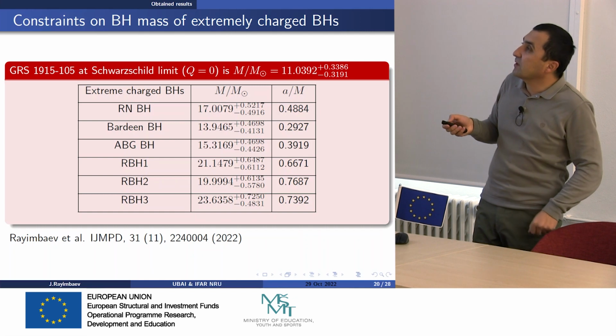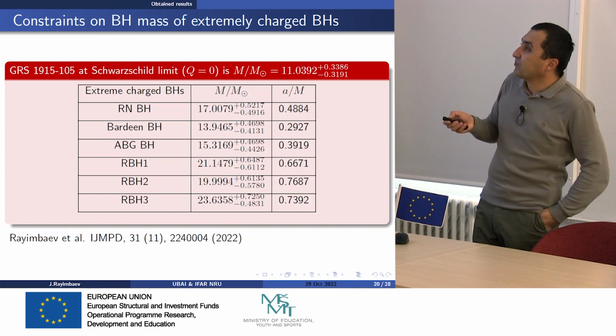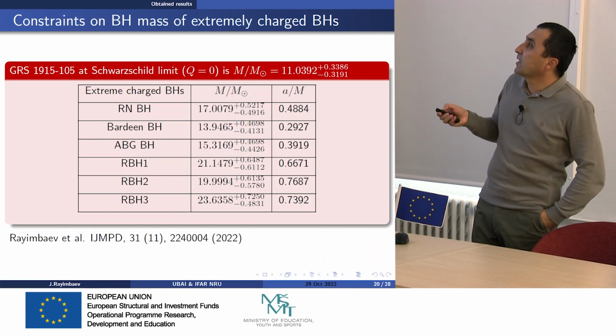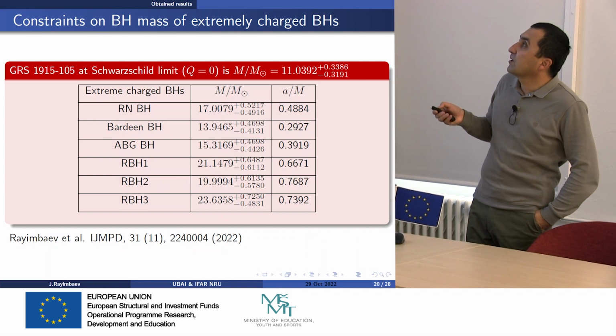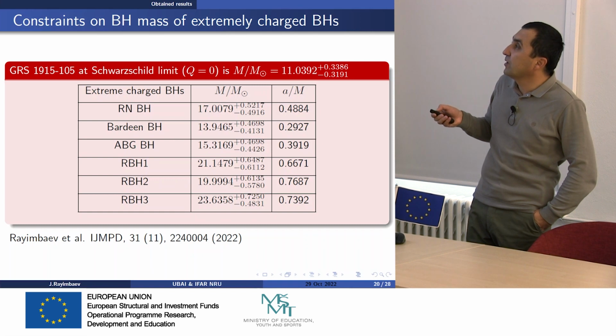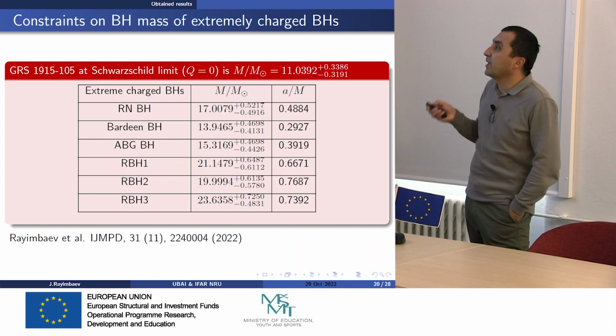And these two models can mimic the black hole spin up to higher values, close to 0.8.